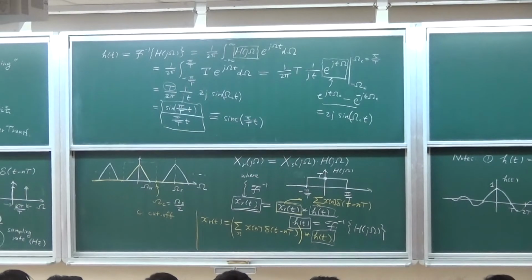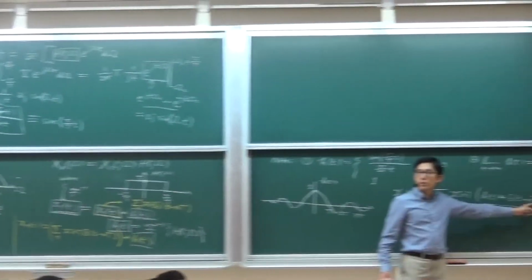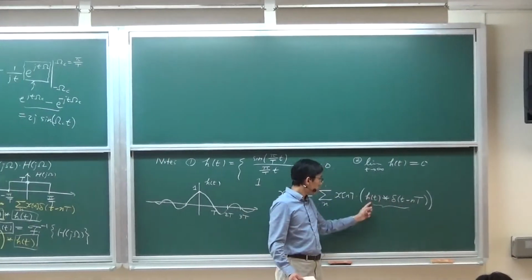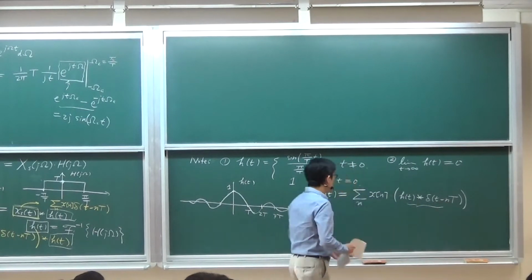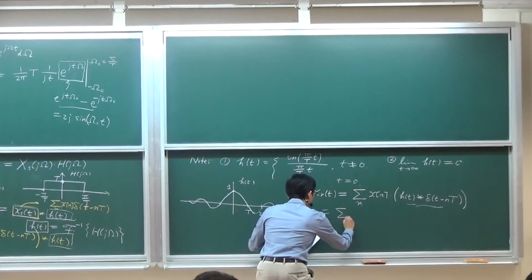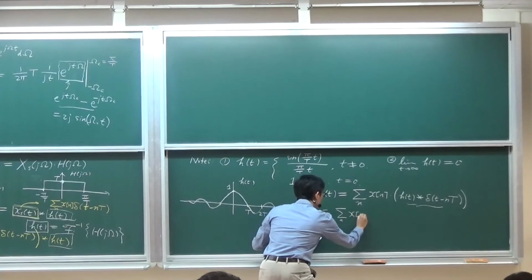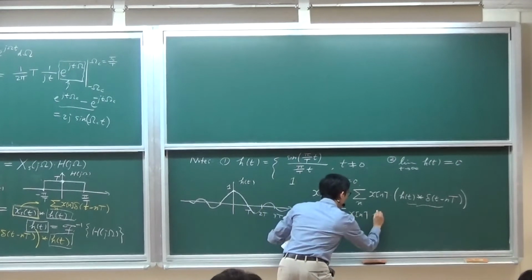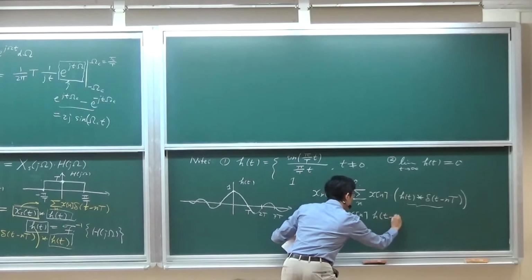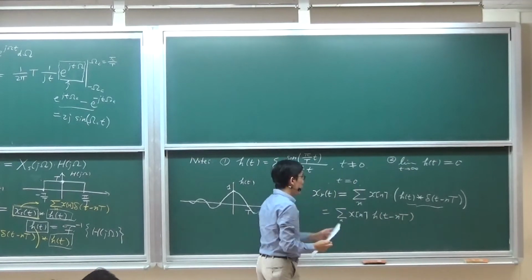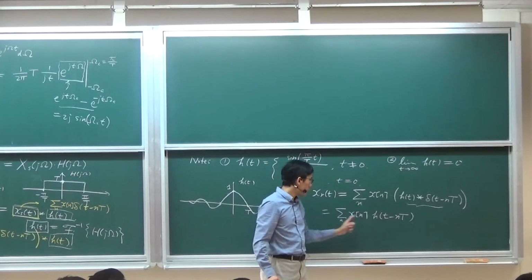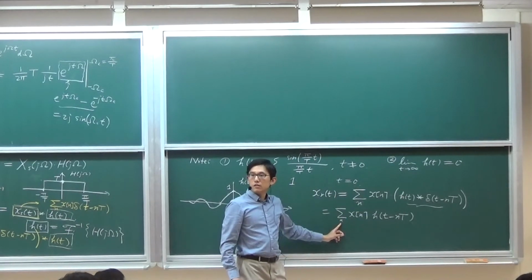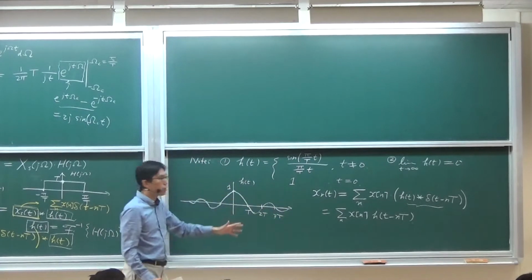And further, we know that anything convolved with a delta function that is non-zero at a certain point is basically that function taken at that time. So we still have a summation over sample values x of n times h of t minus nT. Basically, h of t shifted to the right by so much, and we sum over all n.